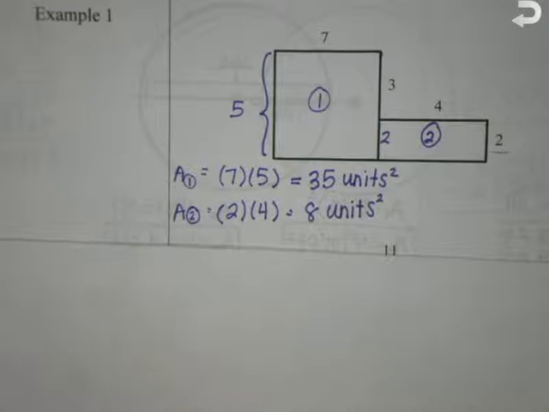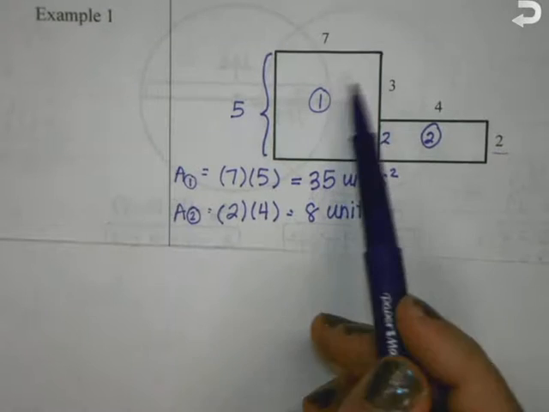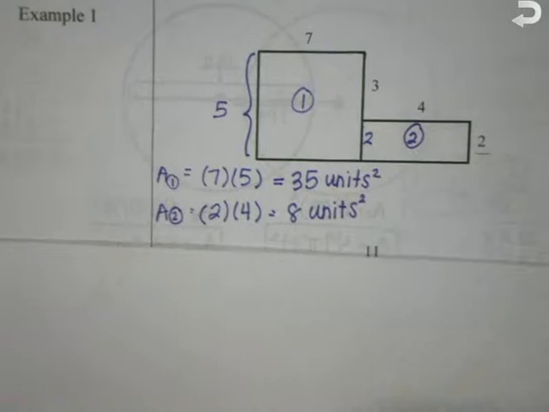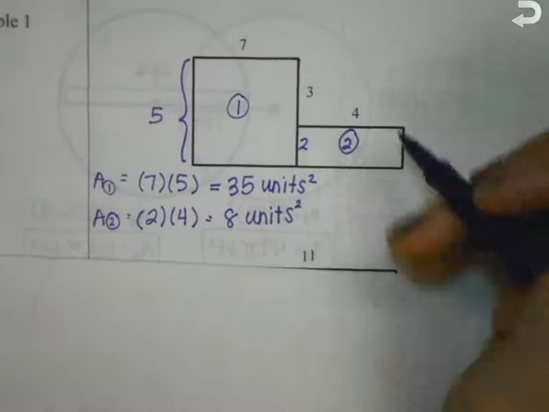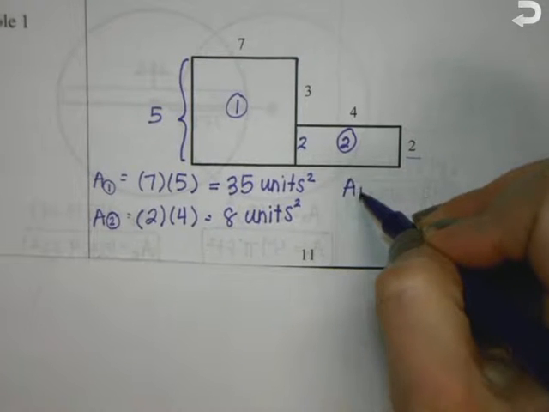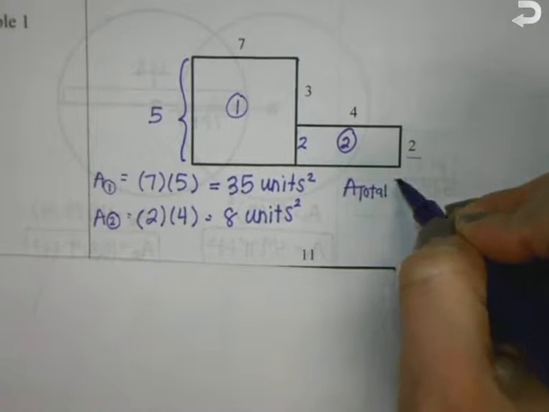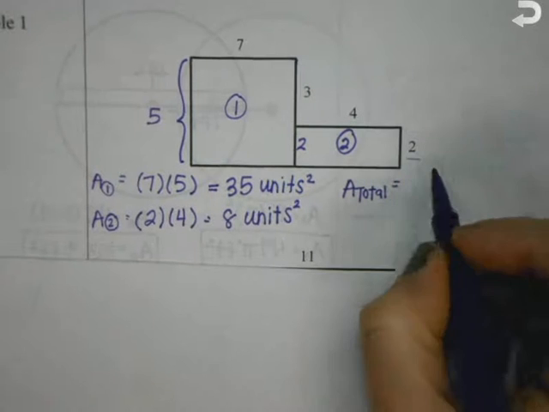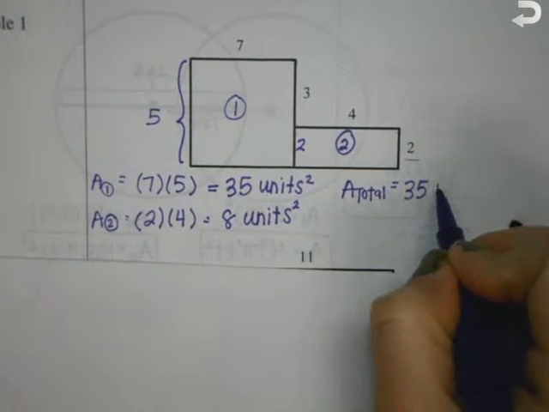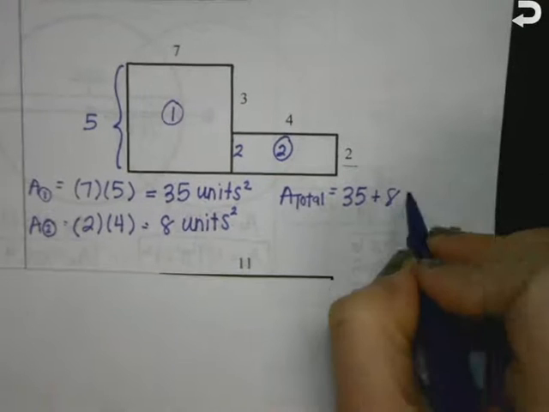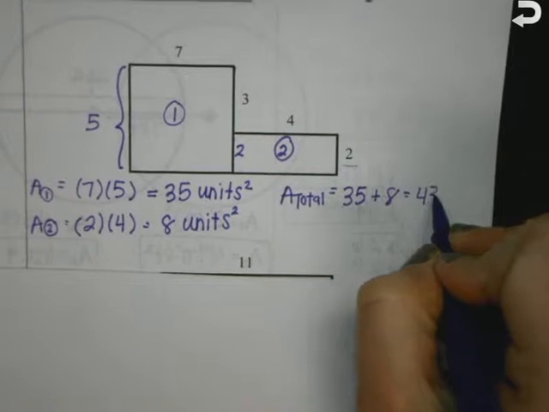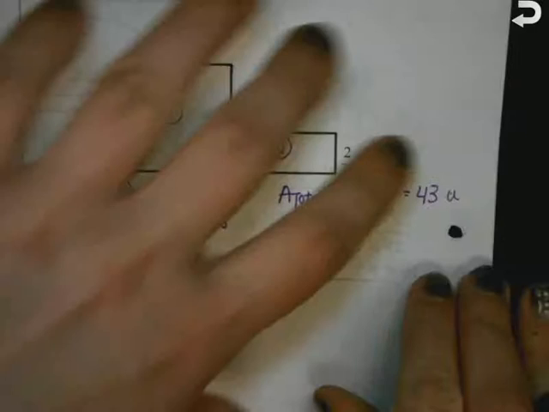I found the area of this part. So how do I find the area of the whole thing? Add it all together. So area total is equal to 35 plus 8, which is 43 units squared.